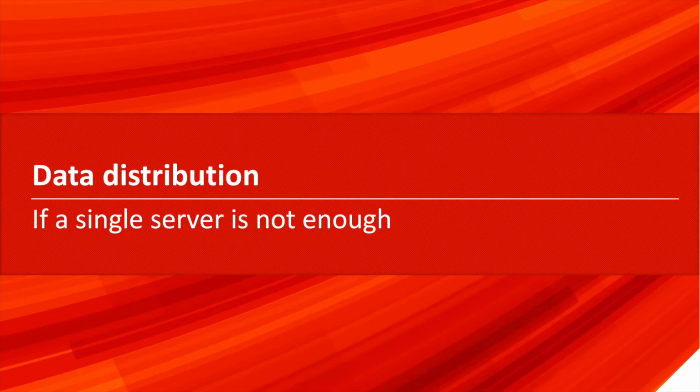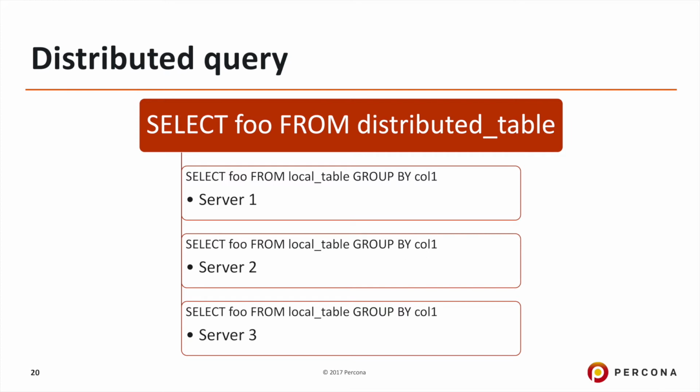So what happens if a single server is not enough? If you're looking to increase performance even more, in this case ClickHouse provides a variety of ways to distribute your data. You can deploy ClickHouse on multiple nodes.